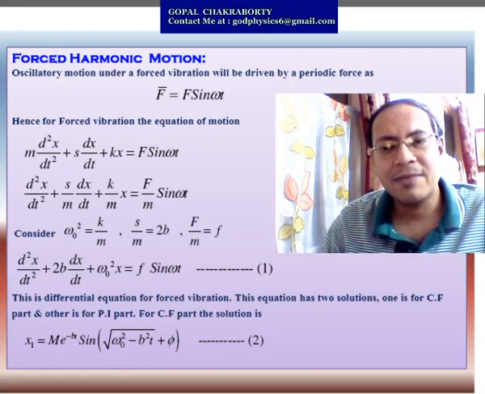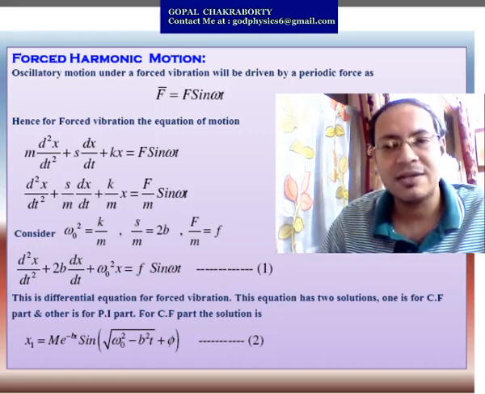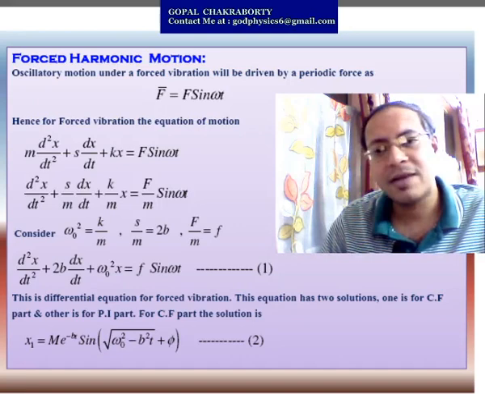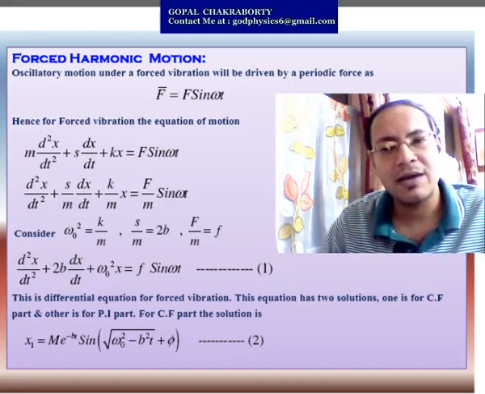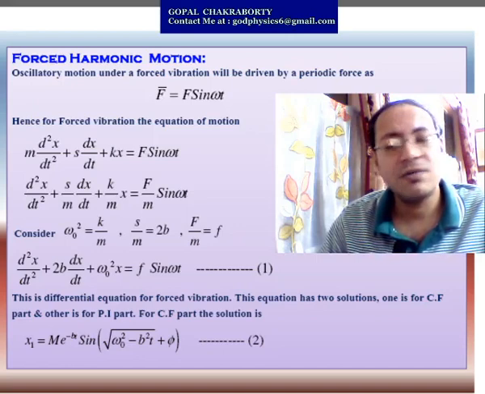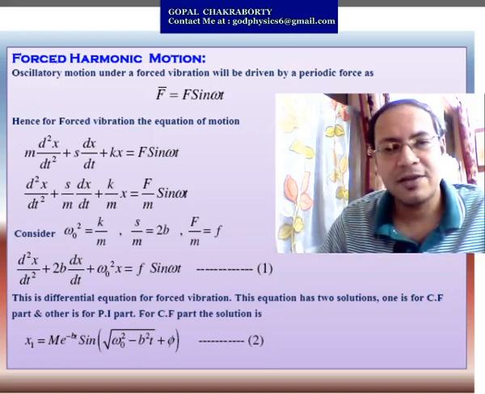So I can directly write the solution. The CF part of differential equation 1 is x1 equals a e to the power minus bt sine of, within bracket, under root omega naught square minus b square t plus phi. So equation number 2 gives the CF part of the solution of differential equation 1.